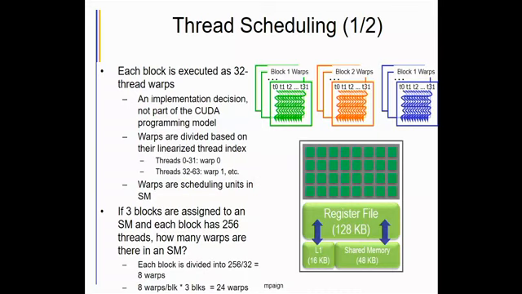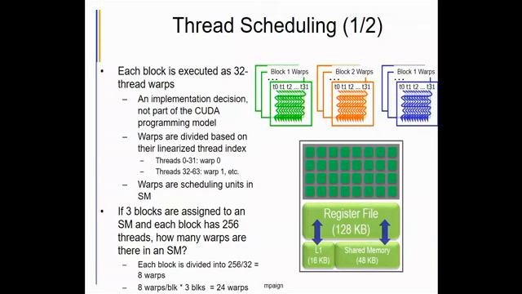So now, when we assign blocks into streaming multiprocessors, we have this concept of occupancy. You can actually assign anywhere between 1 and some number. In Maxwell, it's up to 32 thread blocks into a streaming multiprocessor. So let's say we ended up assigning 3 thread blocks into the streaming multiprocessor, and each thread block has 256 threads in our example. Then how many warps are there in the streaming multiprocessor?